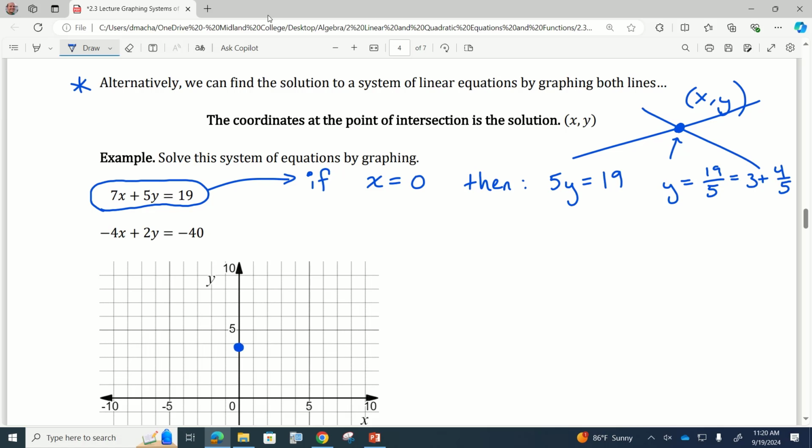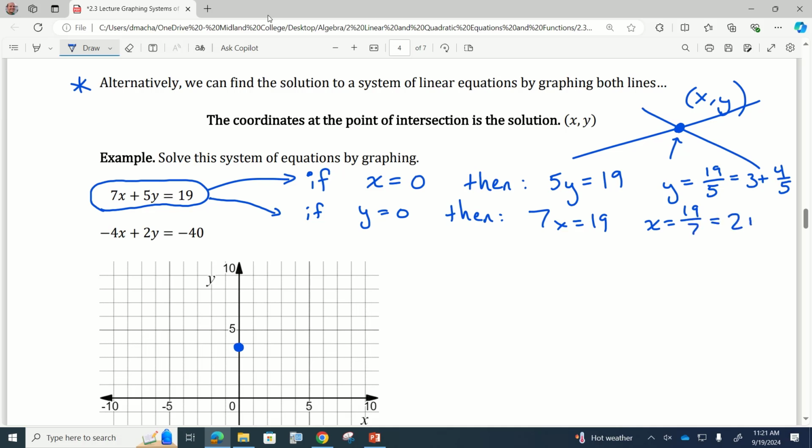And I know that has to belong to my line here in blue. I could also use this equation to say, what happens when y is equal to 0? If y is equal to 0, then this equation becomes 7x equals 19. And that means x is equal to 19 over 7.